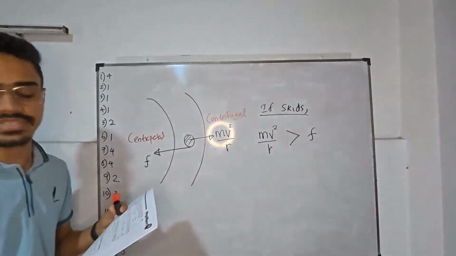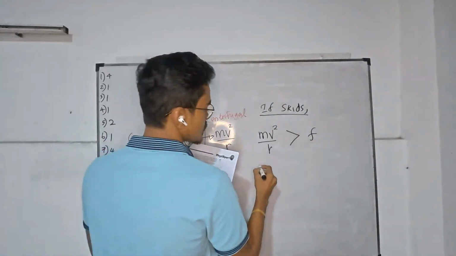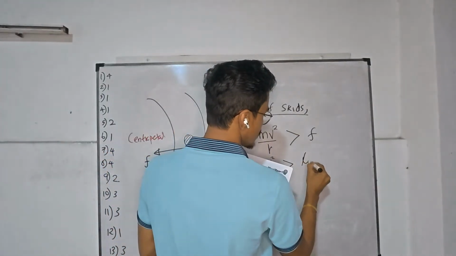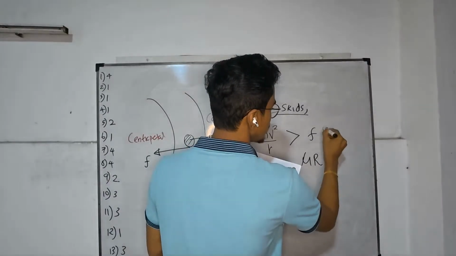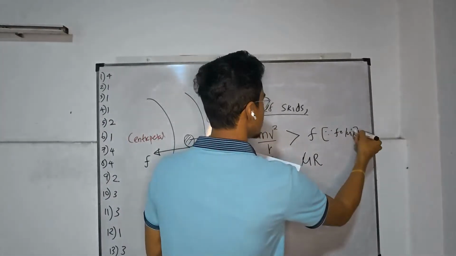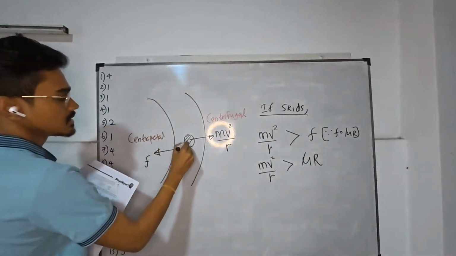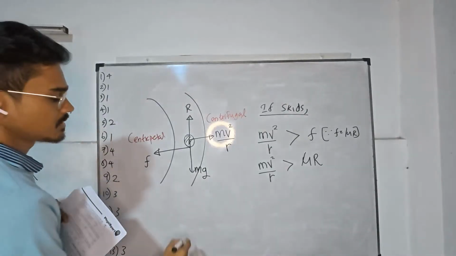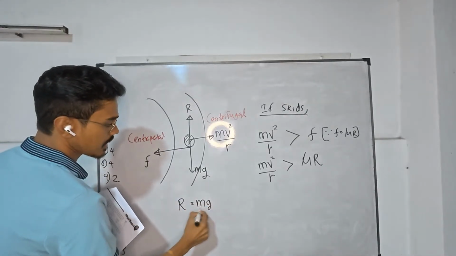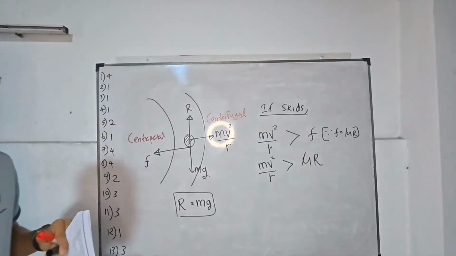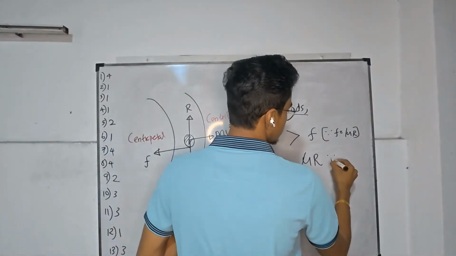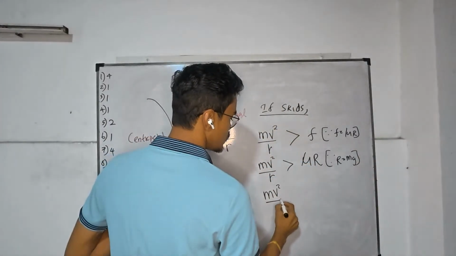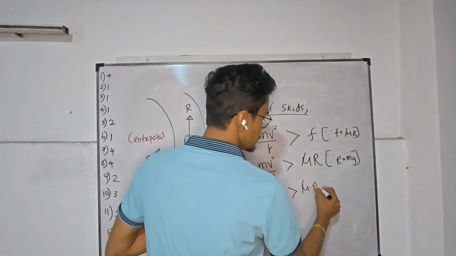Now simplify this: mv squared over r greater than f, and f equals mu R. Let me mark these forces here: reaction R, and mg. From vertical equilibrium, R equals mg. You can plug that in: mv squared over r greater than mu mg.